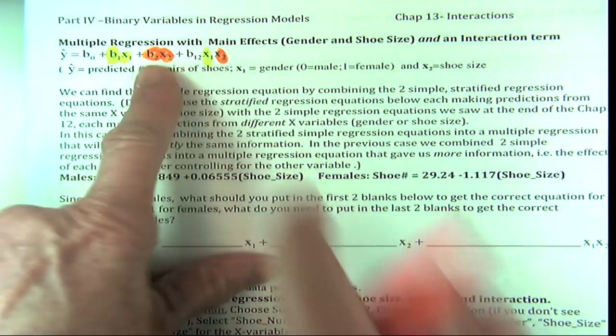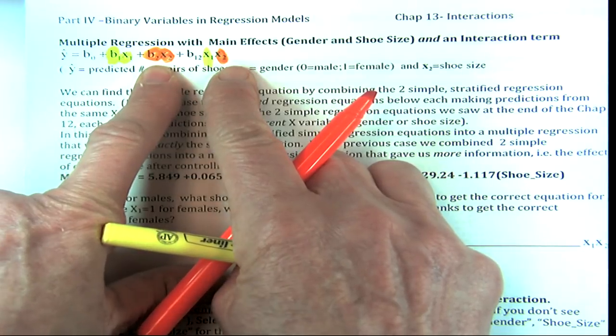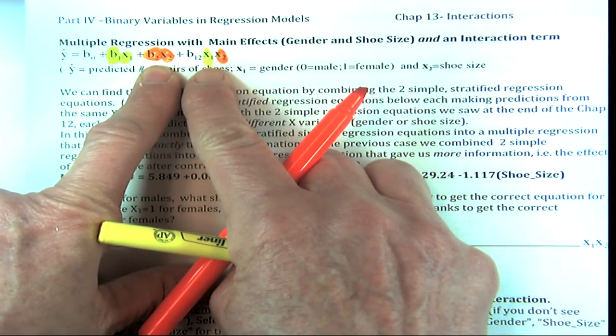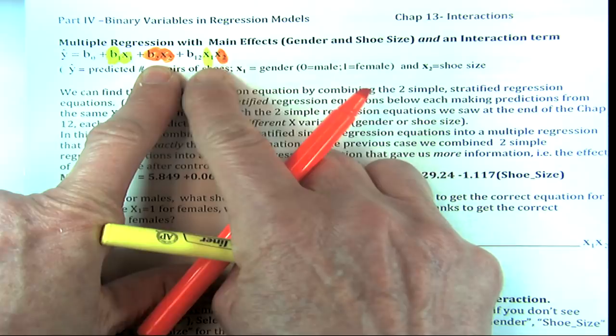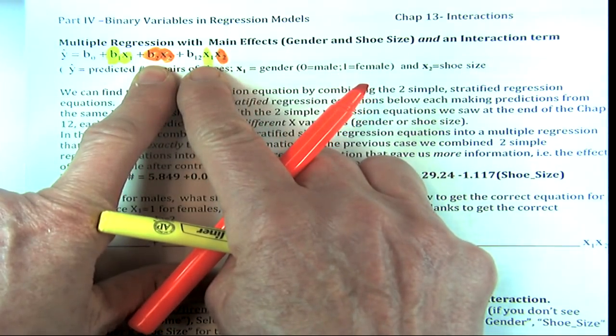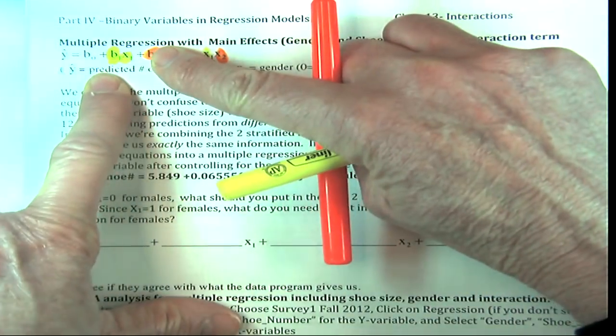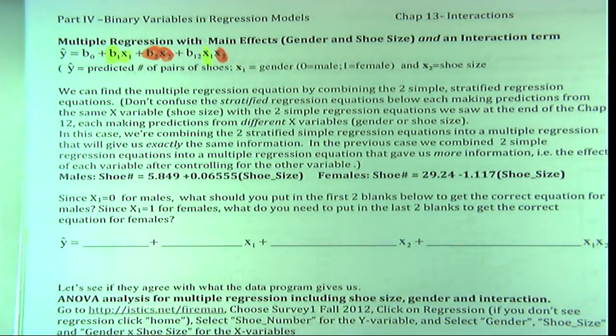So the slopes, these two are going to get added together to form one slope. When x1 is 1, you can change the slope. When x1 is 0, you could just have that slope.